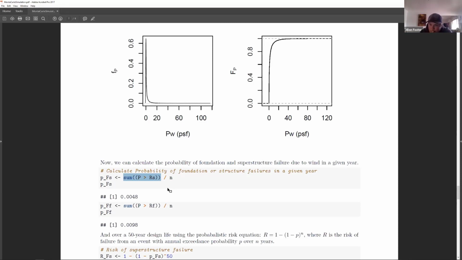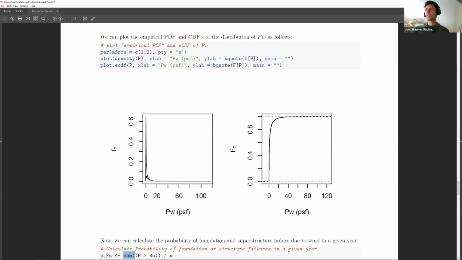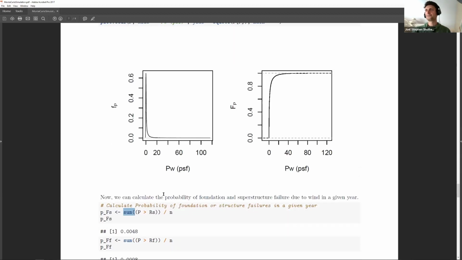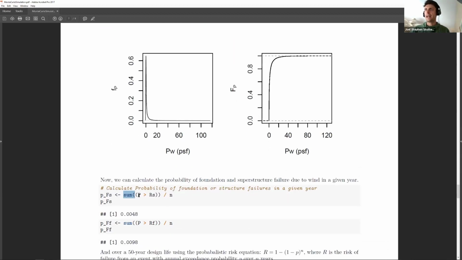Yeah, and the way I've defined this problem is that the V distribution is the distribution of wind in a given year. So P is the distribution of pressures, the distribution of pressures in a given year. Now I have this P vector, which is a vector of 10,000 values of P that you would expect to see in a given year.